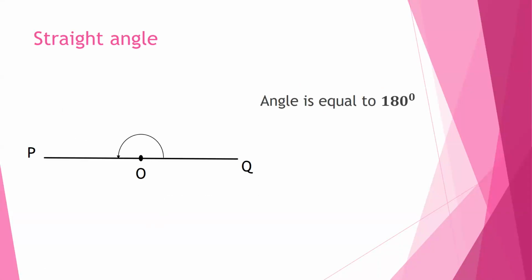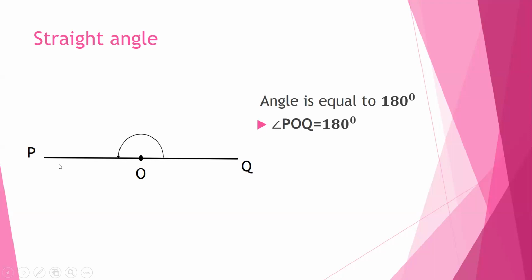Okay. So we have straight angle too. And straight angle is a straight line. And we are saying that the angle on a straight line is 180 degrees, right? So here we have angle POQ.